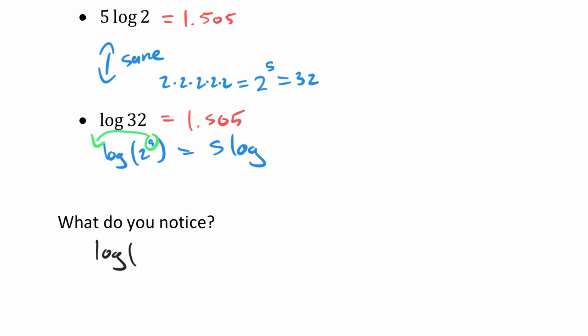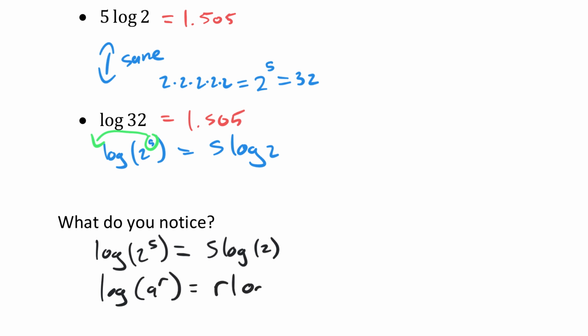Log of 2 to the 5 could be written as 5 log of 2. If we write out the letters, log of a to the r is r log a.